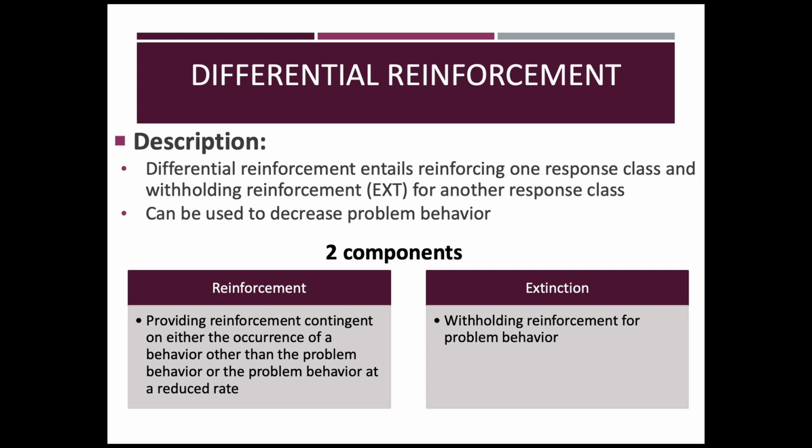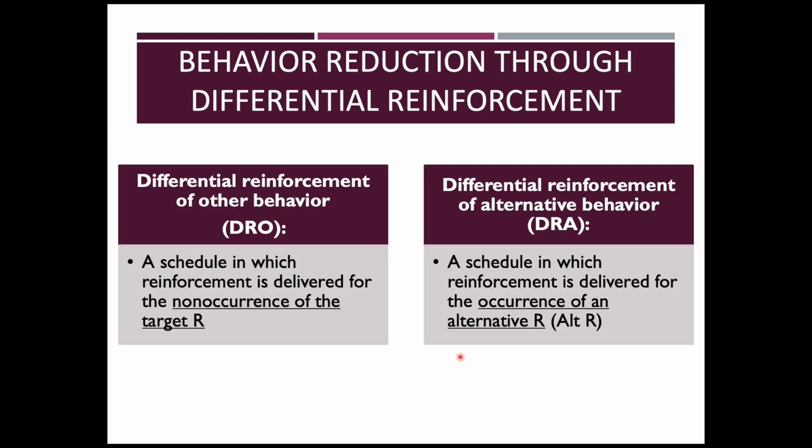So it's kind of like, let's catch the client being good and deliver reinforcement. But if problem behavior occurs, we're going to withhold reinforcement. So differential reinforcement entails extinction, right? Think of the term differentially reinforcing behavior. We're going to reinforce these behaviors, but not the problem behaviors.